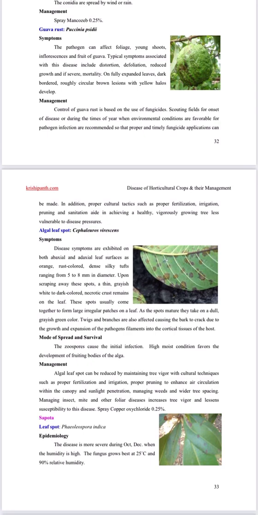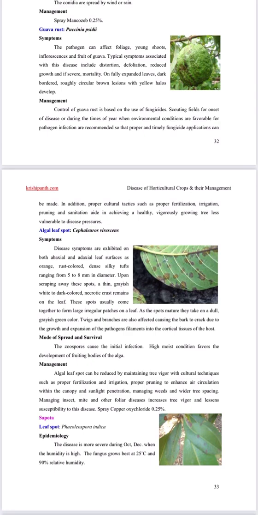The next is management. Control of guava rust is based on the use of fungicides. Scouting fields for onset of disease, or during the times of year when environmental conditions are favorable for pathogen infection, is recommended so that proper and timely fungicide applications can be made.